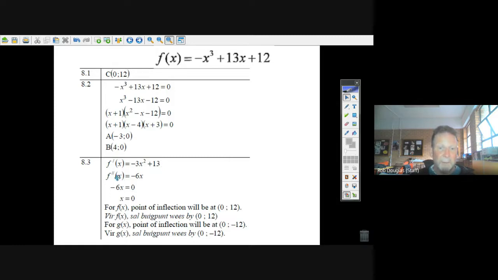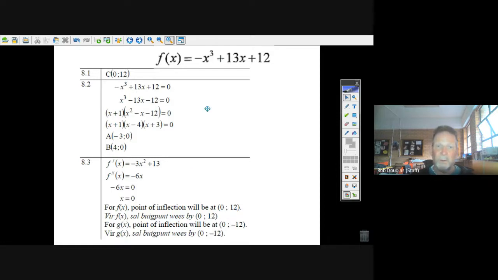But for the double derivative, for finding the point of inflection, we take the derivative one more time, which is minus 6x. Well, that's minus 6x equals 0. So x equals 0 is the x value of the point of inflection. The point of inflection must happen at (0, 12).